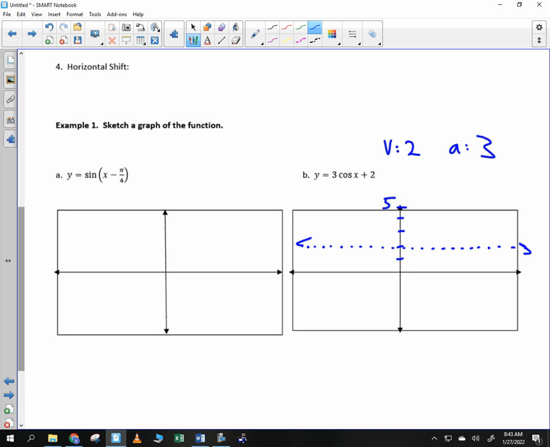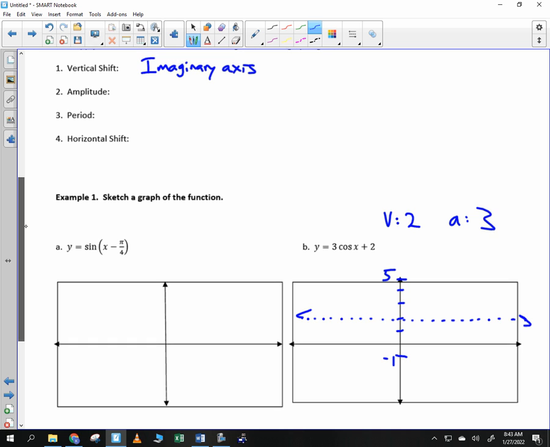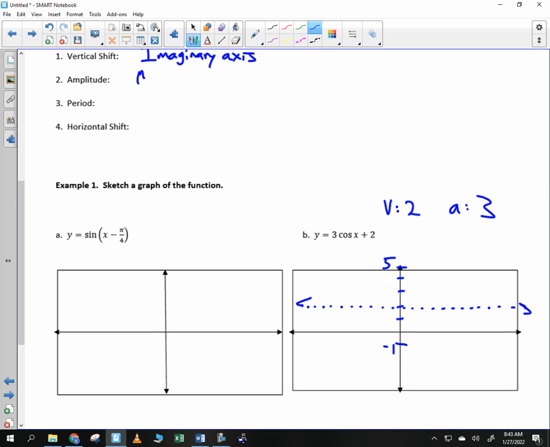And then again, if it's centered at 2 and the amplitude is 3, it's going to go down to -1. So we get to the amplitude, mark the max and min. See that? So that's the vertical structure of our graph.